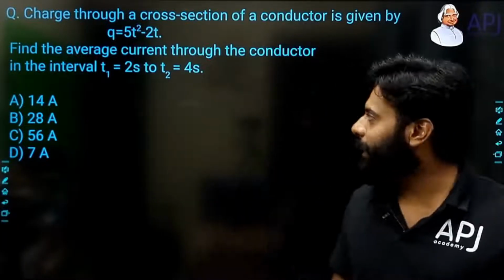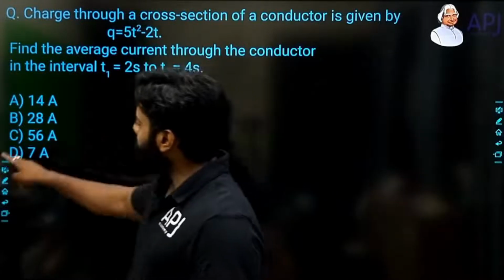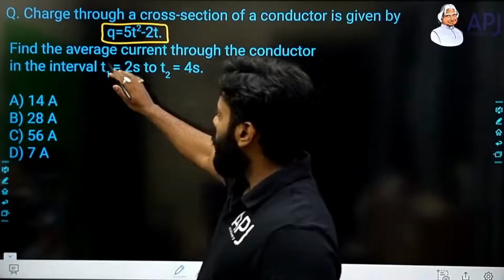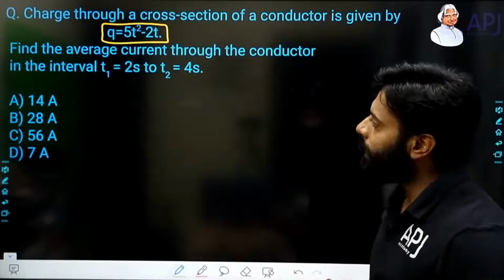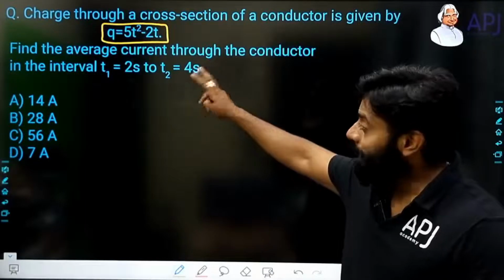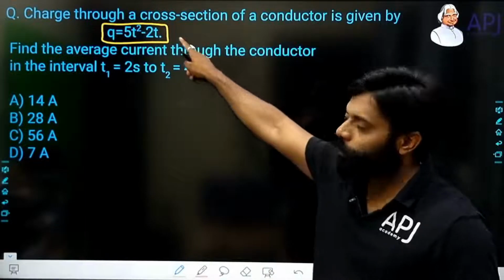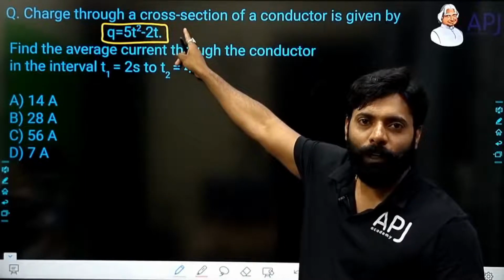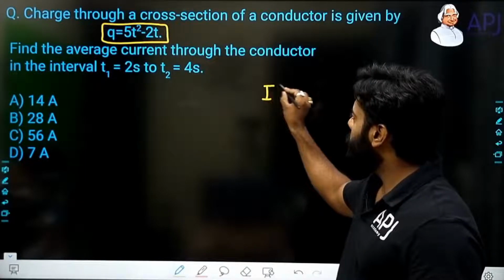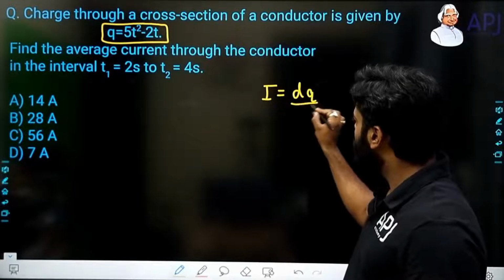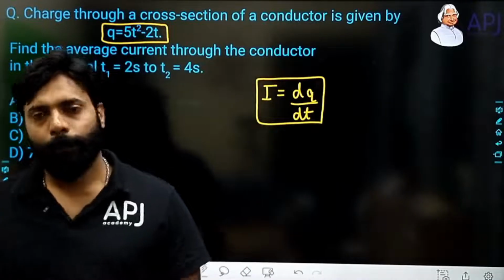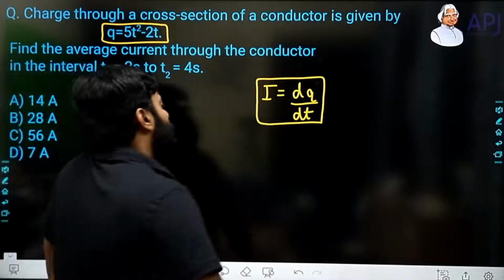The next question we are given is a similar type of question. We are provided with a charge equation and we have to find out the current through the conductor in the interval of t1 to t2. Right? So a time interval is given to you. Then first and foremost, what is the first thing you have to do? I know that for finding current, I need to differentiate this, dq by dt.